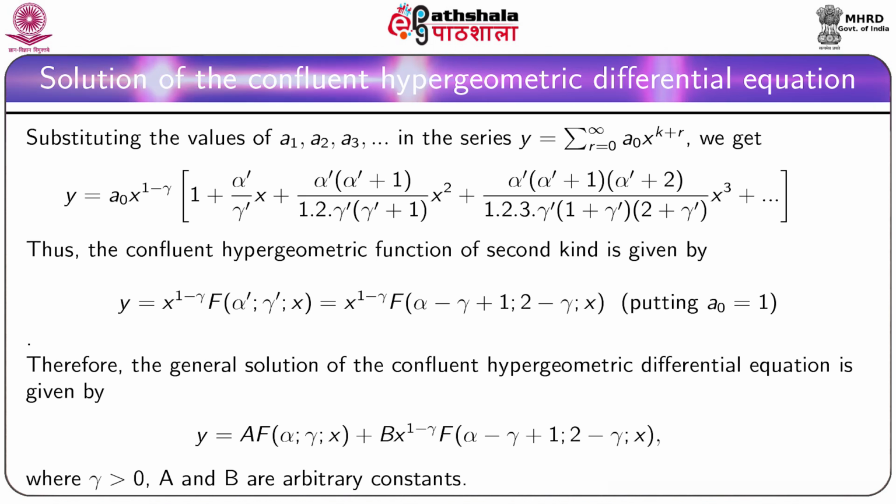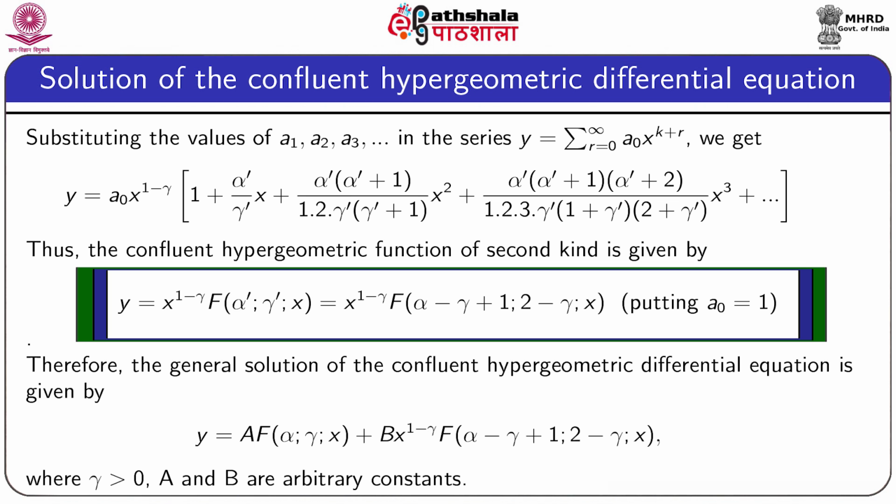Therefore, we get our confluent hypergeometric function of second kind as y equal to x to the power 1 minus gamma F(alpha dash, gamma dash, x).